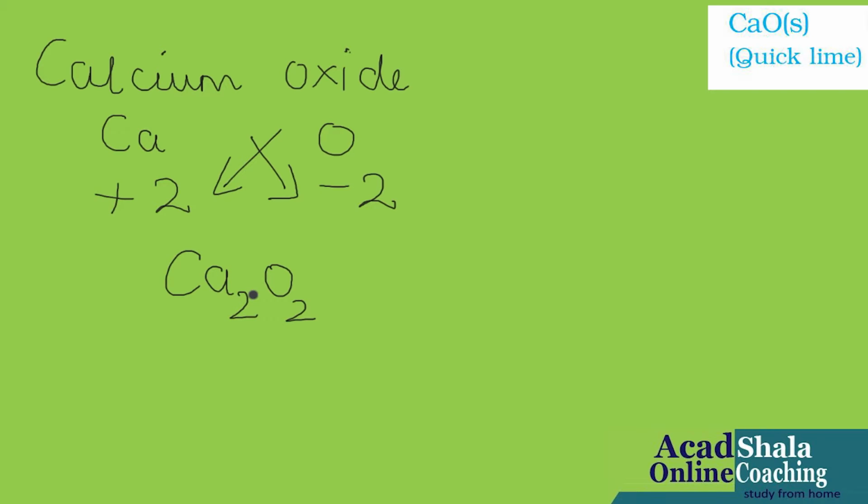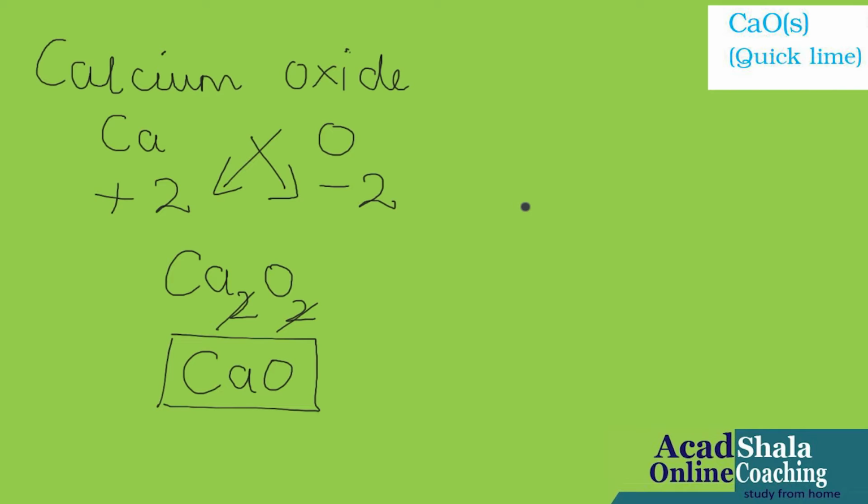But we will cancel it because they are similar. They cancel each other, and the final chemical formula which we get is CaO. So this is the chemical formula. So this is the chemical name, that is the name of the compound.